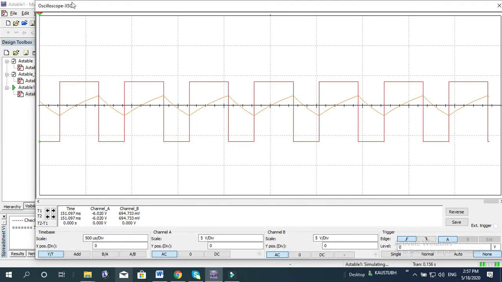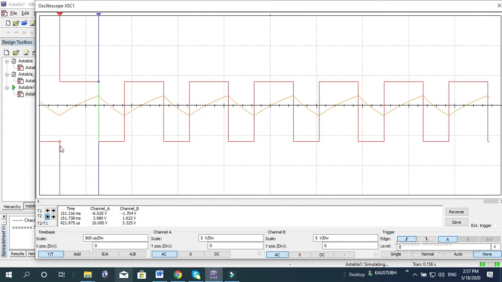Then I'll use this scale. So this scale is T1 and this scale is T2. Okay, now if you look at this T1 scale, the voltage is showing here, actually this point.